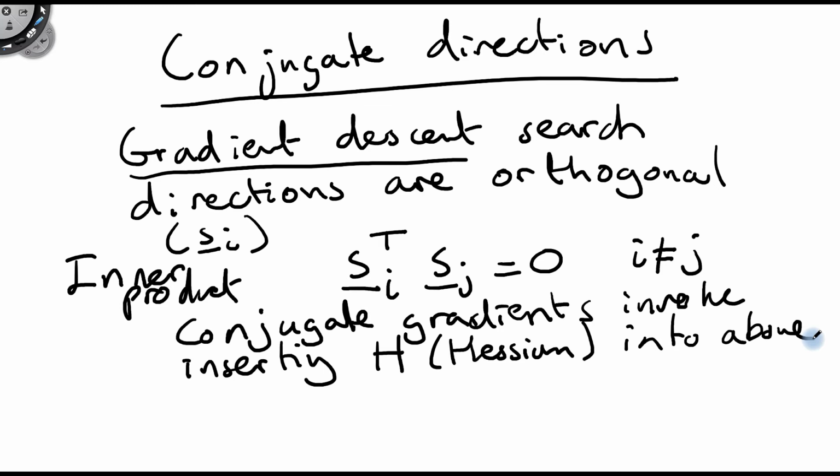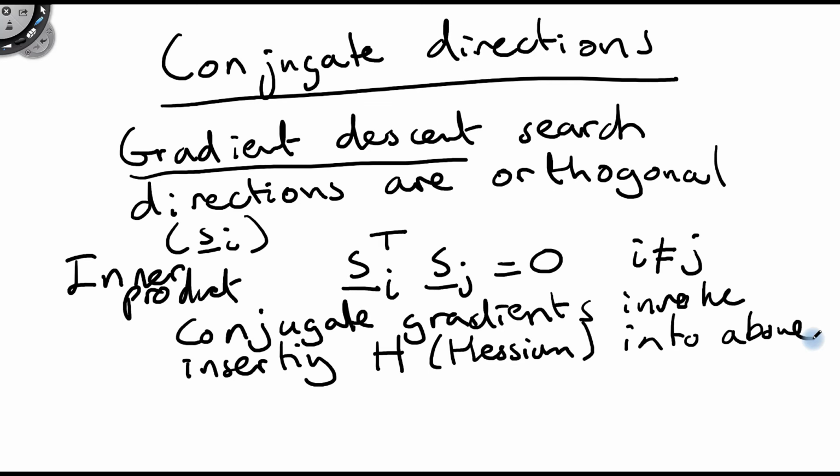The Hessian is the second derivatives of the function. It contains a lot of information about the shape of the function. So we're putting extra information in here, whereas gradient descent is just blindly searching in perpendicular directions to the minimum. The H brings in all sorts of extra information about the shape.